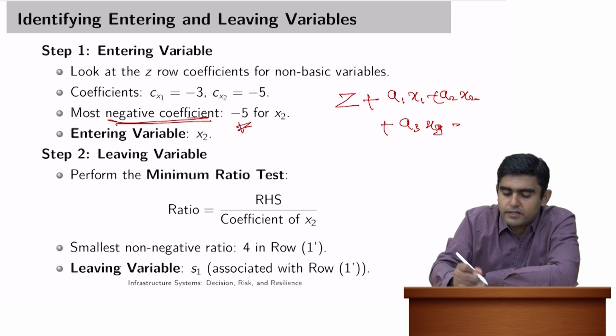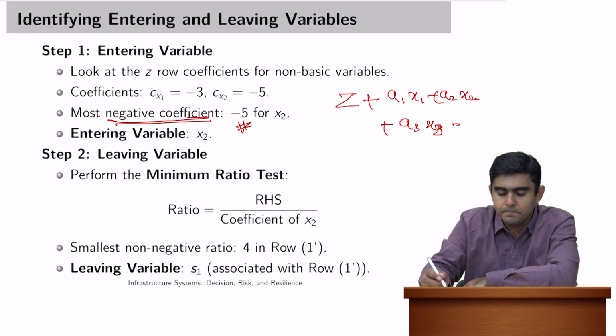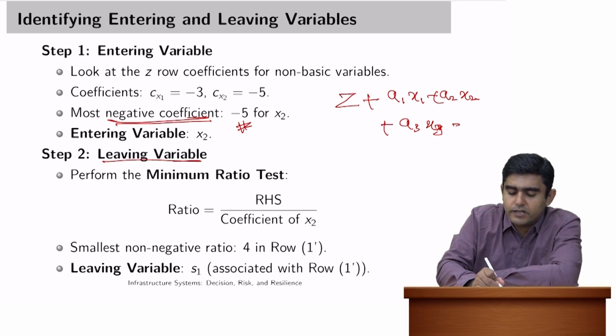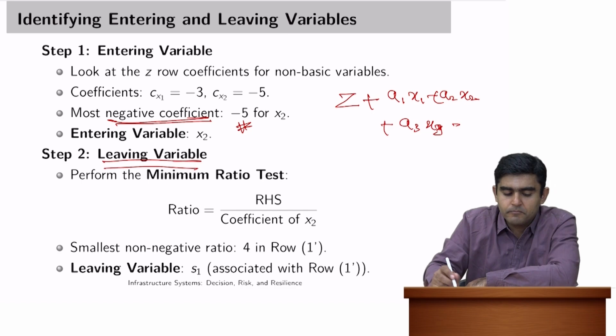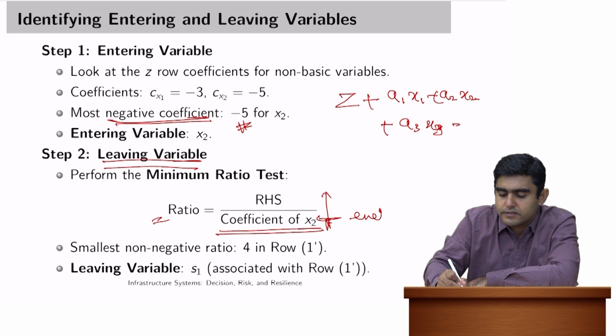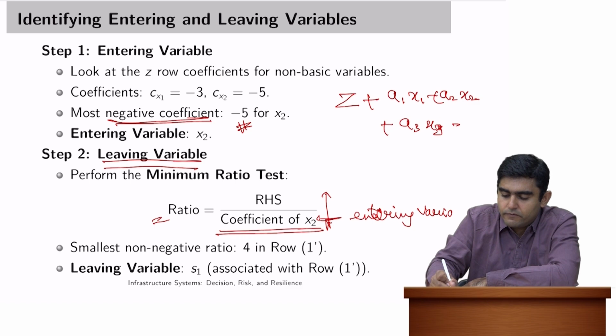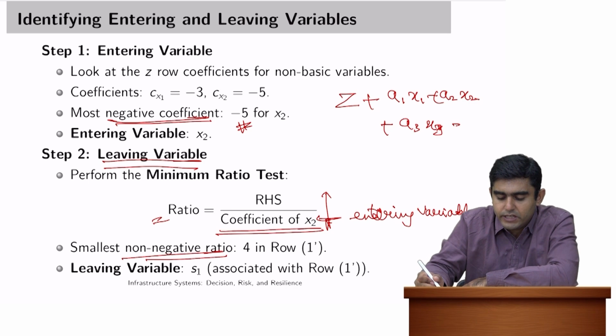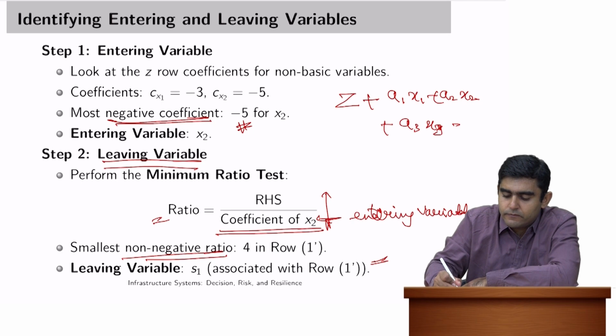So in this case, minus 5 is going to be the entry variable, and we will decide the exiting or leaving variable by looking into the ratio of RHS to the coefficient of x2, which is the entering variable in this case. And the one with the smallest non-negative ratio would be the first one to leave, and in this case S1 will leave our solution.